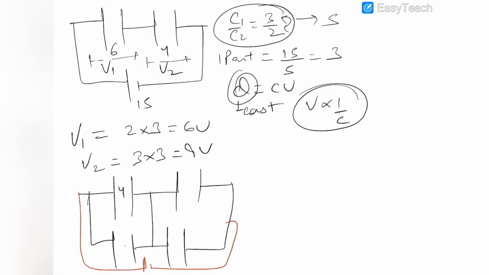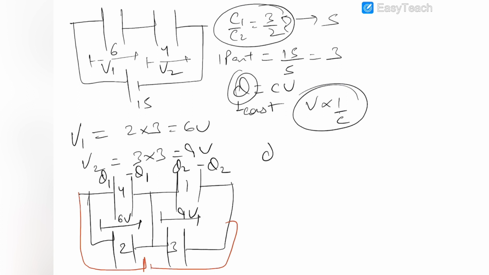This is 4, this is 1, this is 2, this is 3. And we can say that these voltages V1 is 6 volt and these are 9 volt. And in parallel combination, voltage would be same. So the charge appearing on this capacitance is Q1 and this is minus Q1. And this is Q2 and this is minus Q2.